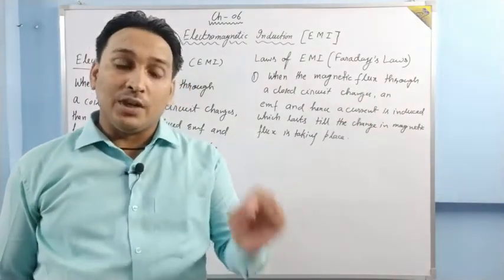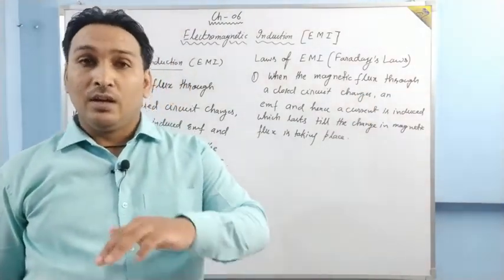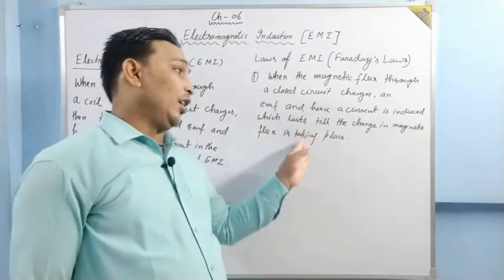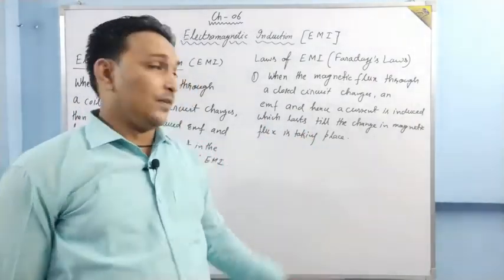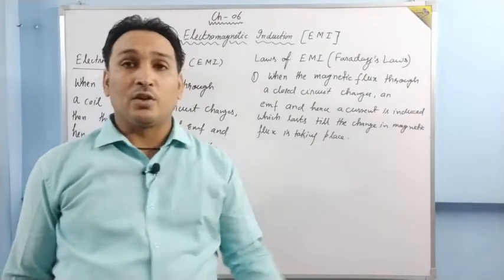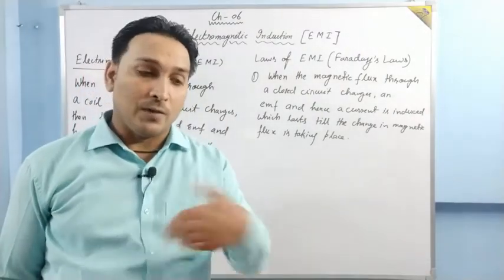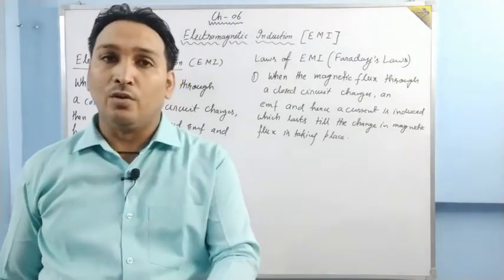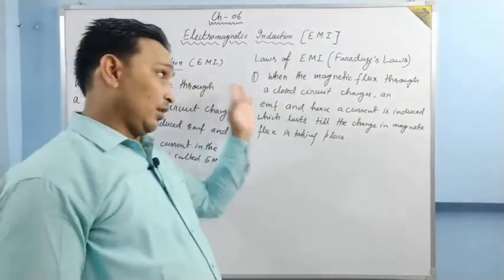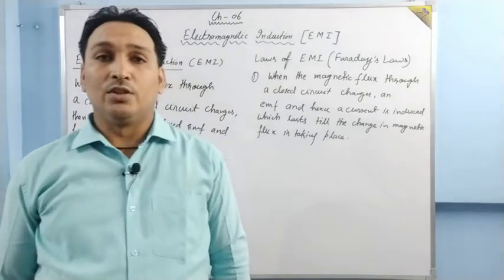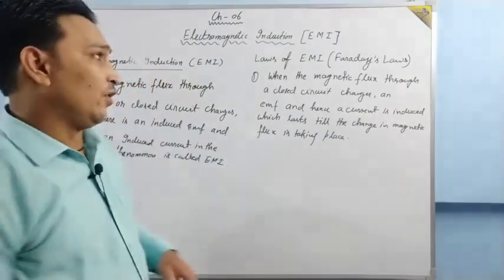It will be induced till the time the change in magnetic flux is taking place. If flux becomes constant or flux becomes zero, in that case, the induced current will stop and it will be zero. Right? This is the first law.